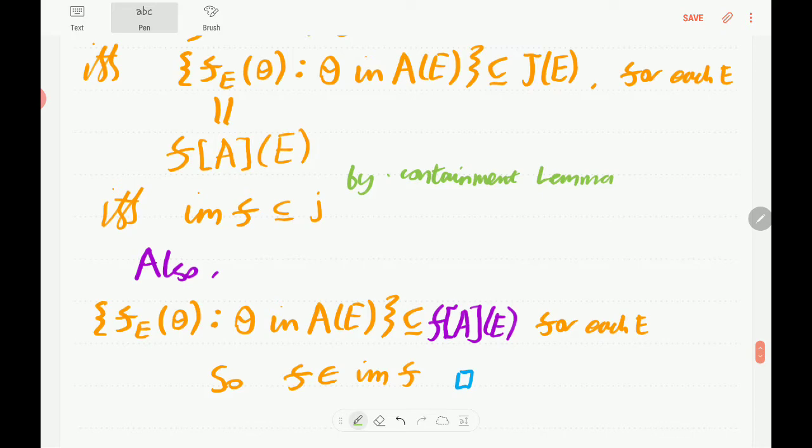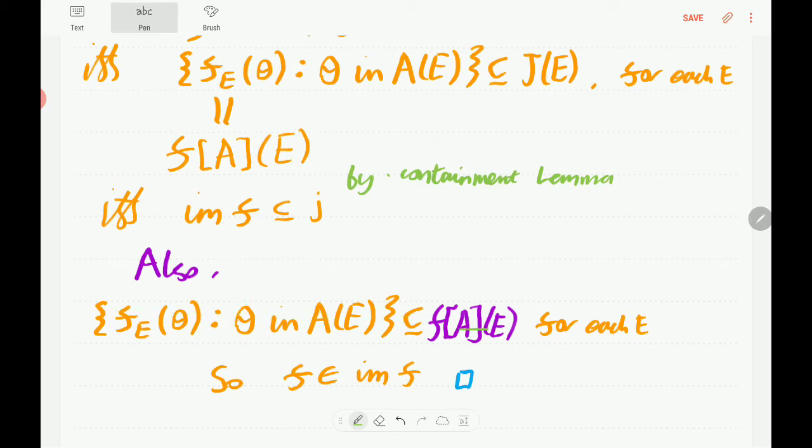These two sets are actually the same. We know that F open square bracket A close square bracket of E literally is this orange set on the left here.